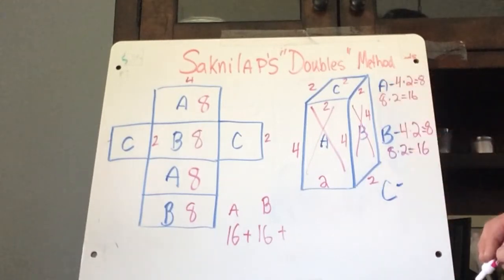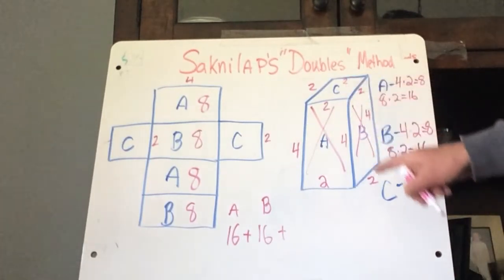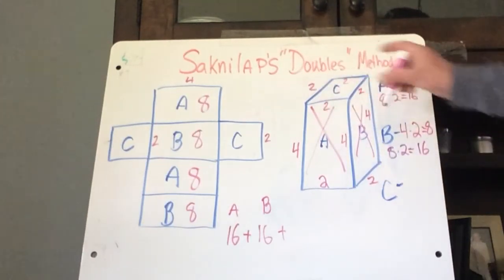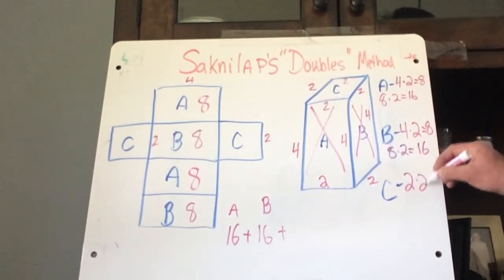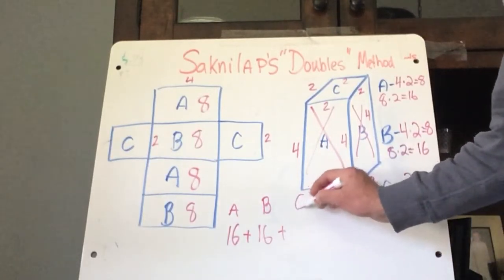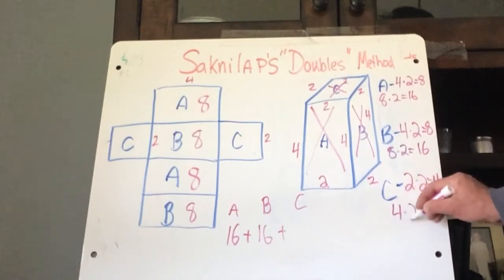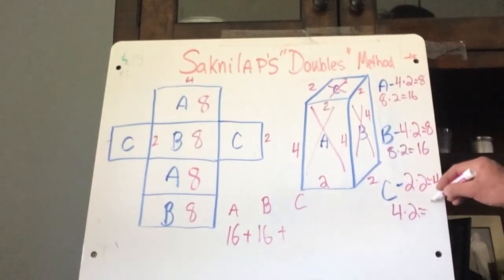Now we have one more side. That's our C. Well, our C is 2 by 2, which is 4. But we know there's 2 of them. So 4 times 2, or 2 times 4, equals 8.